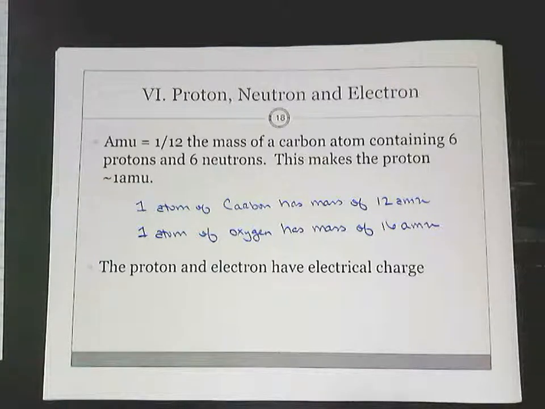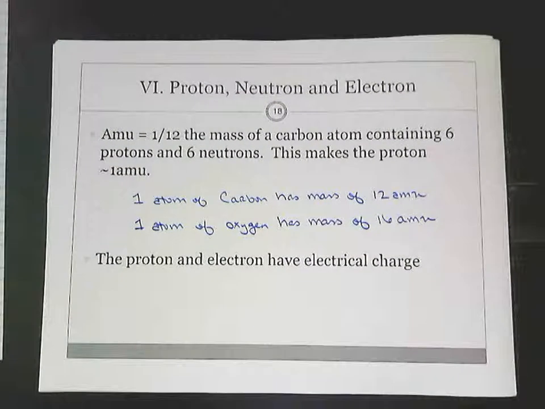So what does that tell you about the number of protons and neutrons in oxygen compared to carbon? Who has more protons and neutrons? Right, oxygen should have more protons and neutrons. Good, good, good.